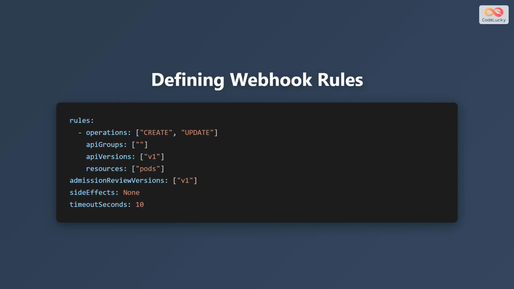The apiVersions field indicates which API versions to validate, and the resources field lists the specific resource types, like pods. Additionally, you must specify which AdmissionReview versions your webhook supports, typically v1. The sideEffects field should be set to None if your webhook doesn't make changes outside the admission request, and timeoutSeconds defines how long Kubernetes should wait for a response, commonly set to 10 seconds.